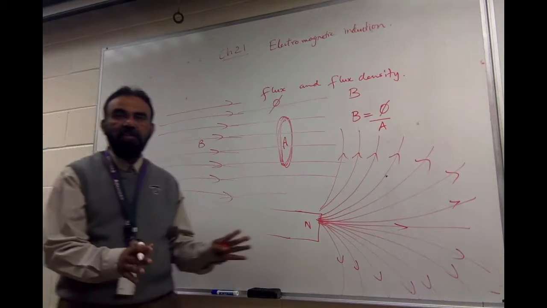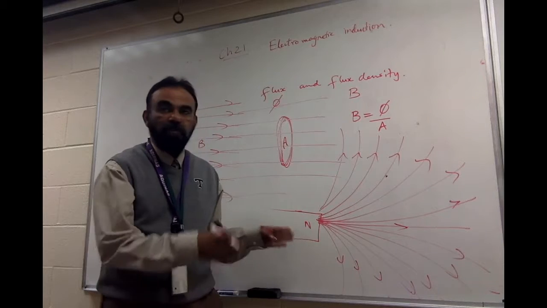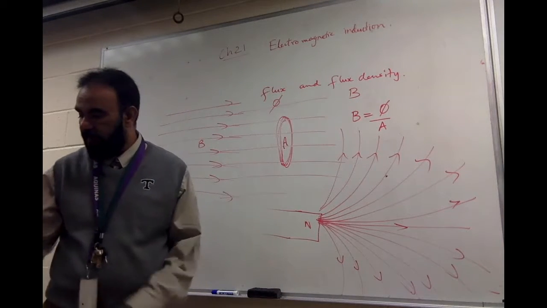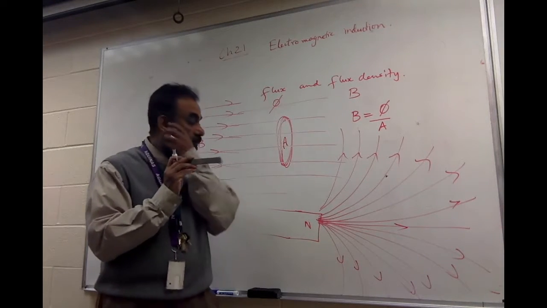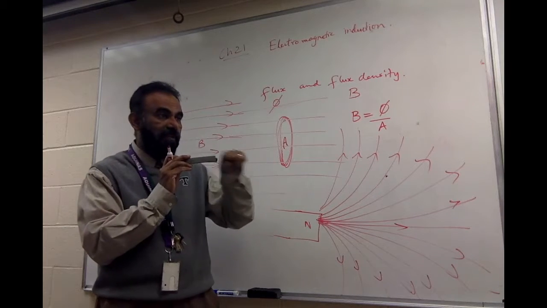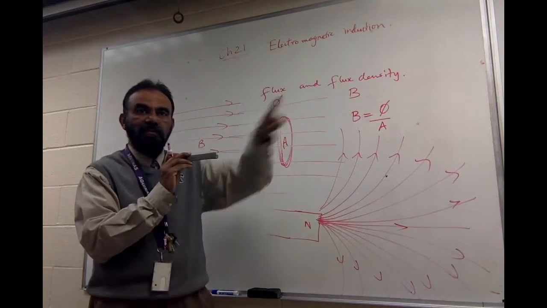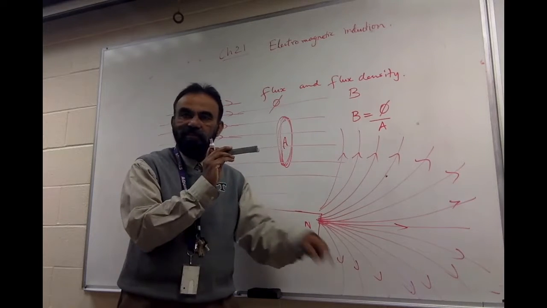That's how the magnetic fields are from the North Pole. So if I have the North Pole like that, what is in front of it are field lines, a bunch of them. You get it?